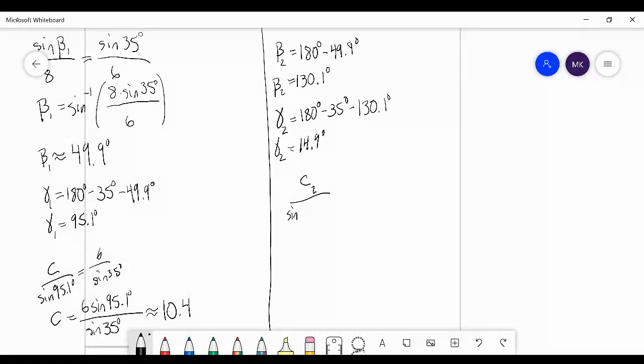C2 over sine of gamma 2, in this case 14.9 degrees, is equal to 6 over sine of 35 degrees. So C2 equals 6 sine of 14.9 degrees over sine of 35 degrees. Means C2 is approximately 2.7.